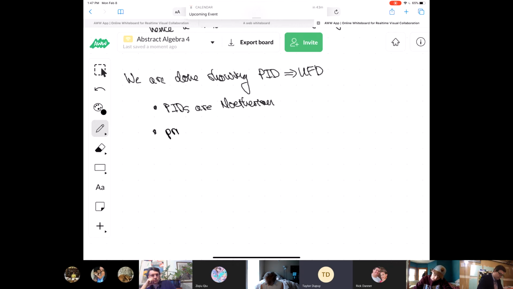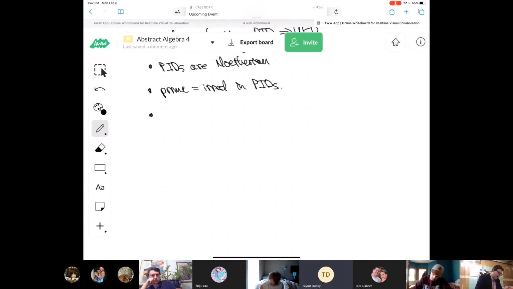Prime is equal to irreducible in PIDs. That's something that we showed. And we also showed that factorization into primes is unique.